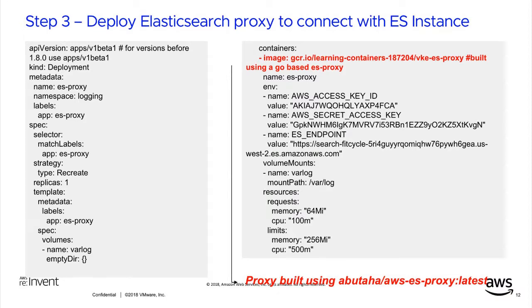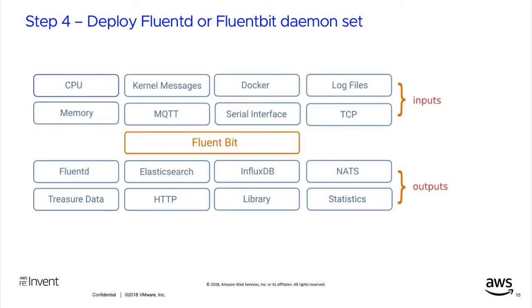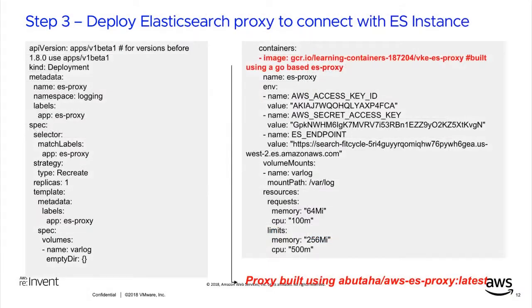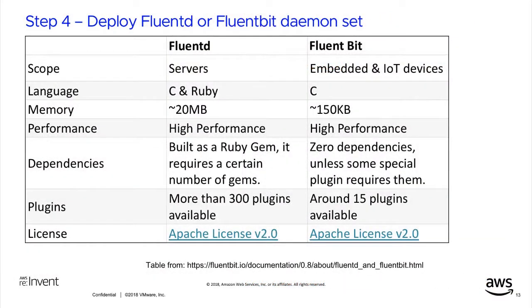It's in a repository someplace called VKES proxy that I built, and that actually has a couple of things inside of it for me to use. And then I can instantiate with that, set up your keys, then instantiate this proxy, and it's up and running. And then that becomes effectively the location point for all of my Fluentbit servers to point to.